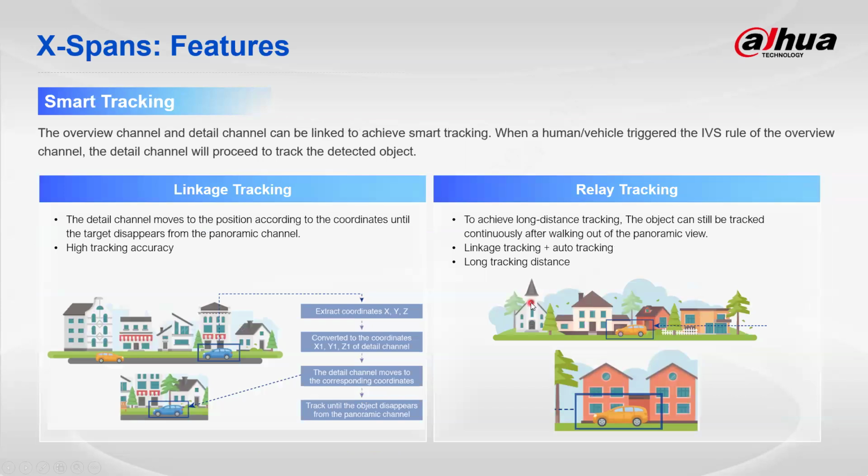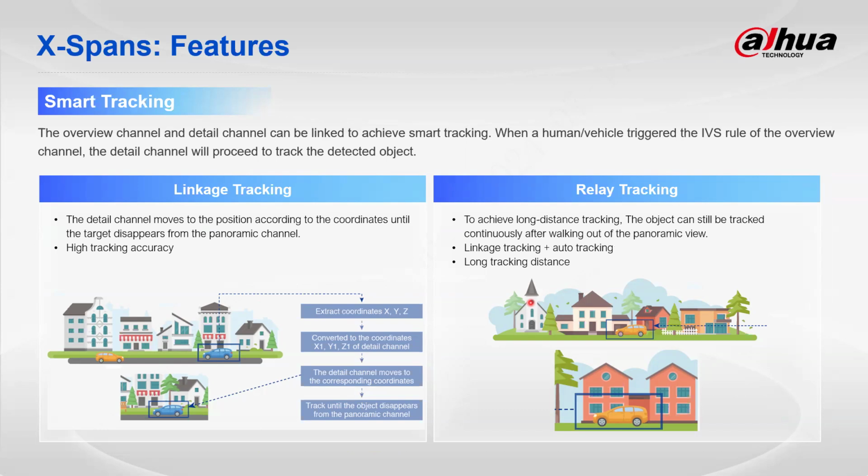Then another feature is smart tracking of objects. There are two types of tracking: the linkage tracking and the relay tracking. Based on the overview channel and the detail channel, one can be linked to achieve the smart tracking.